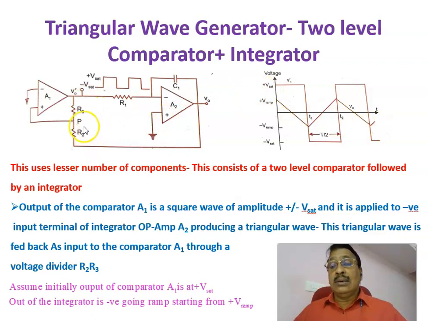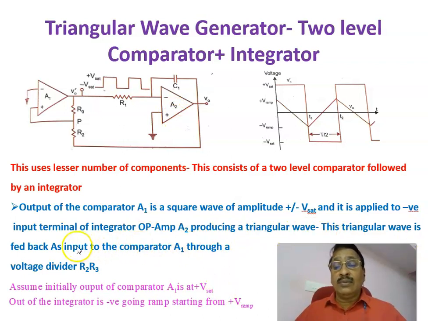Now, let us see the working of that one. The comparator is noted as A1, and this is A2. The output of the comparator A1 is a square wave, either plus Vsat or minus Vsat, and it is applied to the negative input terminal of the integrator, op-amp A2, producing a triangular waveform.